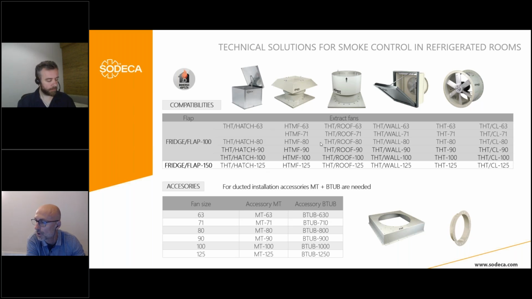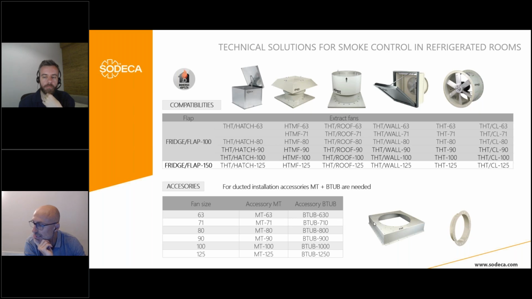And you can see different models of our fans: the THT hatch, the HTMF, the THT roof, the THT wall, the simple THT, or the THT long case. And we have these two accessories that can couple with the fridge flap.